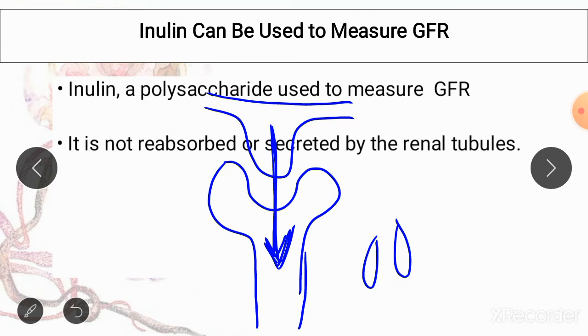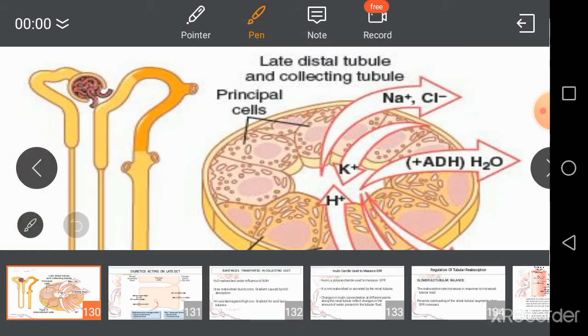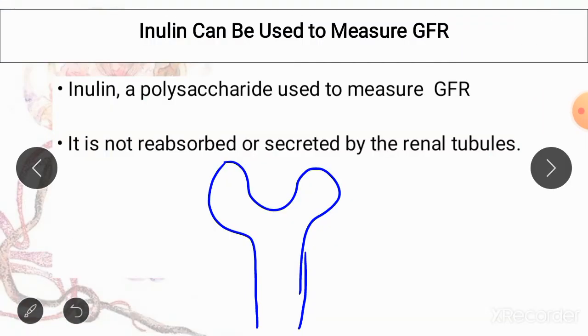So you can calculate the glomerular filtration rate with the help of inulin. It is a very important MCQ nugget. It is an important MCQ that which of the following substances is used for the measurement of GFR. If you are given an option of inulin, inulin is going to be the right answer.